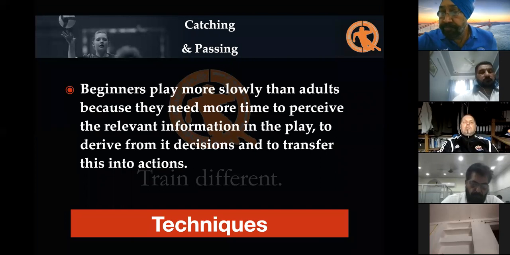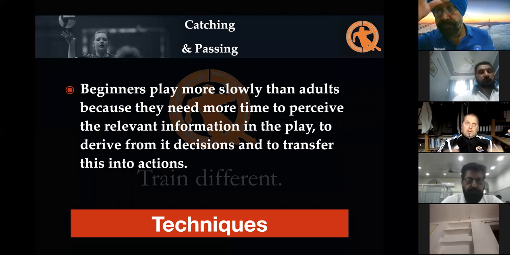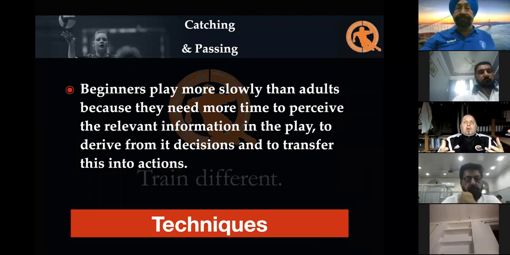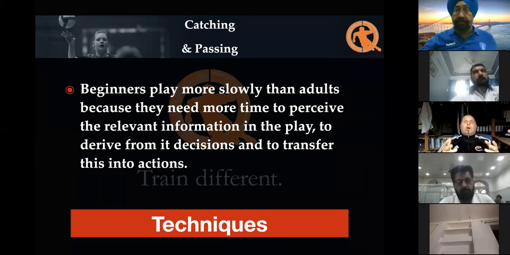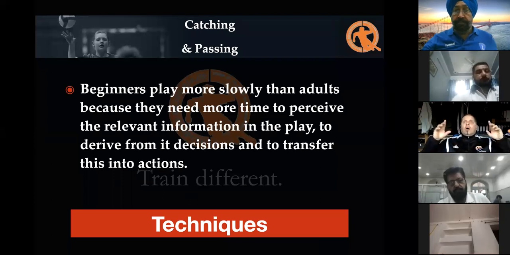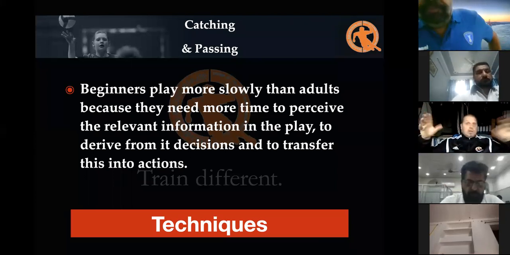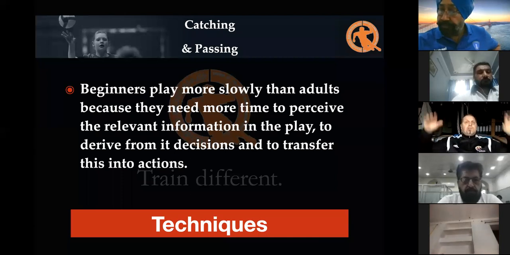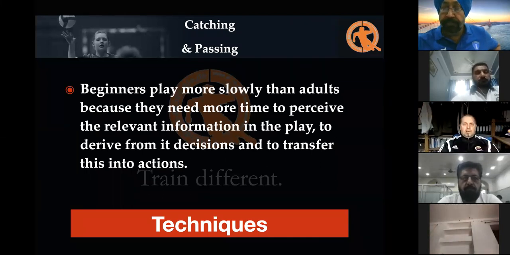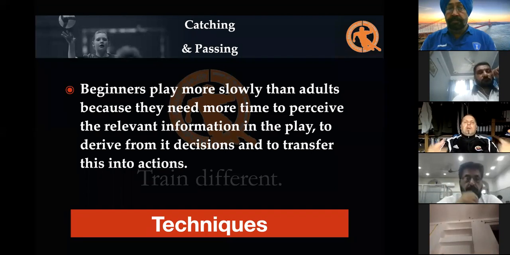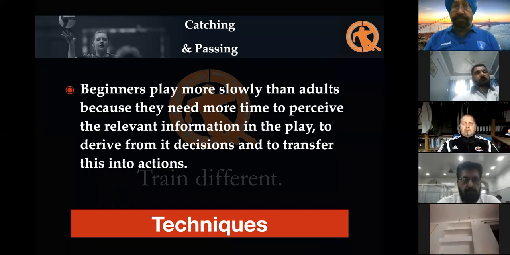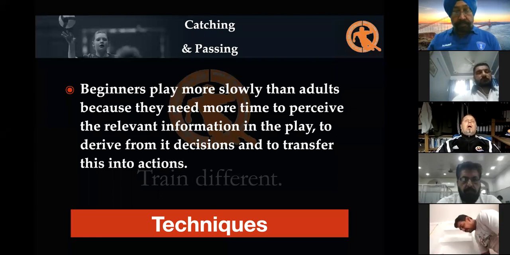But if you come back to the beginners level and you think about a young player who is not experienced on the court, and you see all the 5 teammates running around and everyone wants the ball, all the 6 players of opponent's defense trying to intercept, this will confuse them, because there's too much information on the court, and picking out the relevant information for the action is something that takes a long time, and then they have to transfer this into their actions.